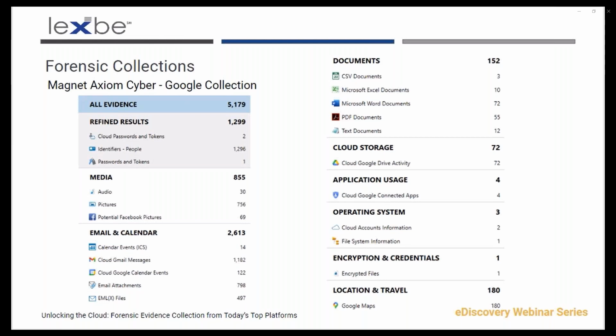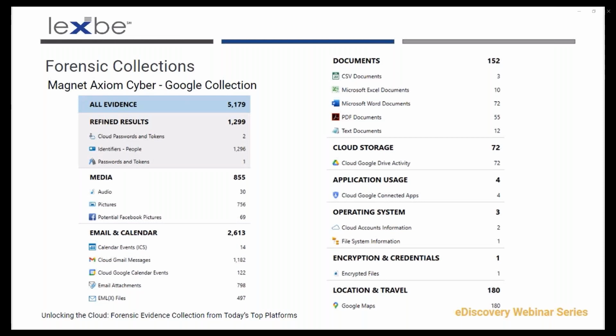And I did a time frame, so I only did it for a short amount of time. So it's not pulling every single thing from my Google account, which is good when an investigation is happening and you're only interested in a specific time range or date range. We would be able to modify our collection to only collect those specific dates or files that fall into those specific dates.